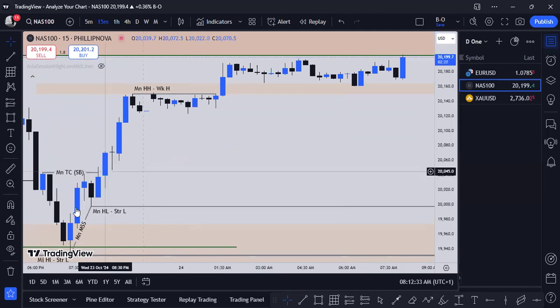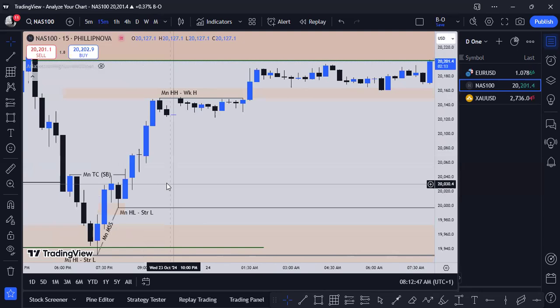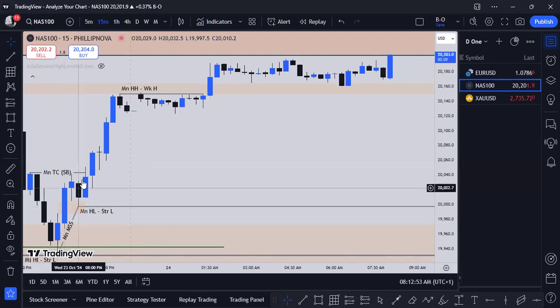But on proper study of this place, we have this fair value gap being taken yesterday night, yesterday evening. So we can assume that this place has been properly mitigated and this other block being created. But above the other block, we have an internal structure.